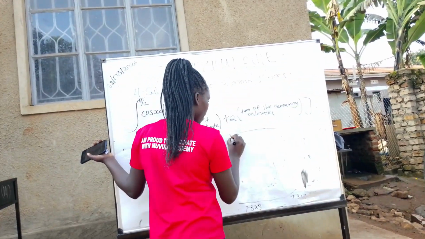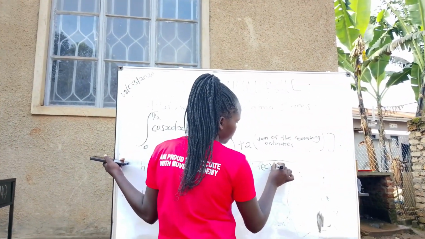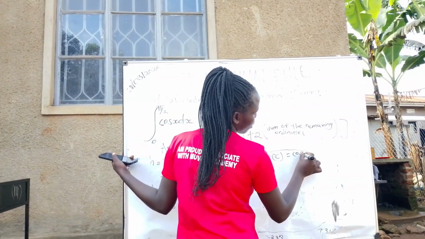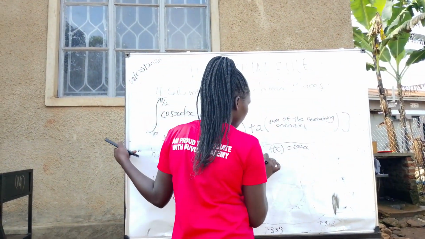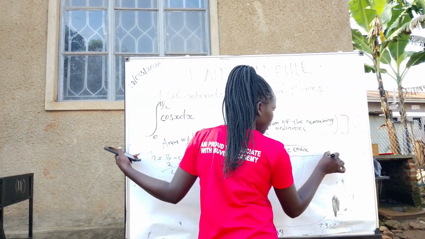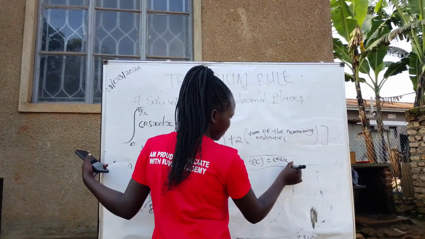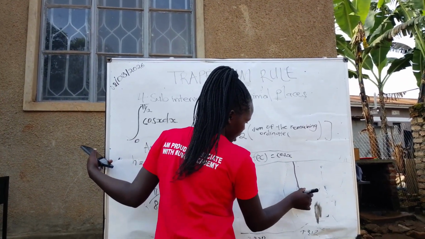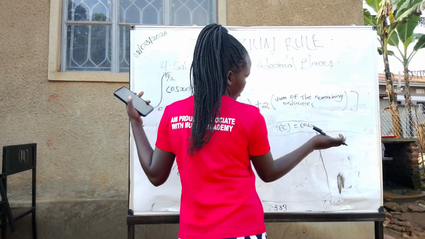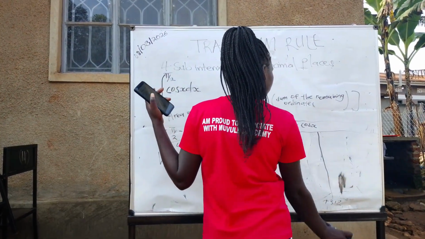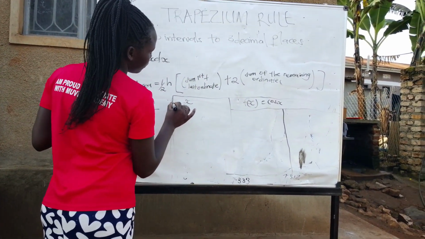Our f of x equals cos x, and we are going to divide f of x into 2 columns, such that we put the first and the last ordinates into the first column and the remaining ordinates into the second column. Let's get our values of x.